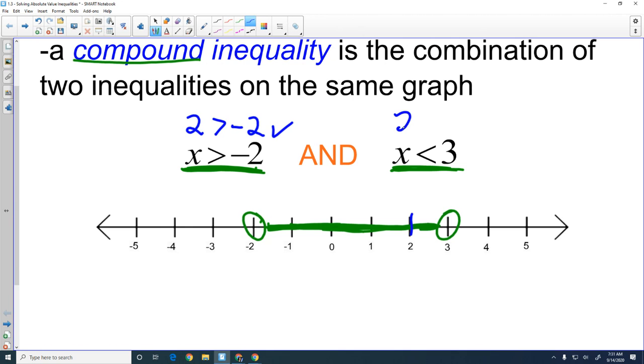And is 2 less than 3? Yes, it is. So that one number works for both inequalities because both of them need to be true. And remember, there's an infinite number of values here because we can look at decimals as well or fractions and things like that. So instead of listing all those out, we simply show it on the graph. Say, hey, anything in this range is going to work for us.